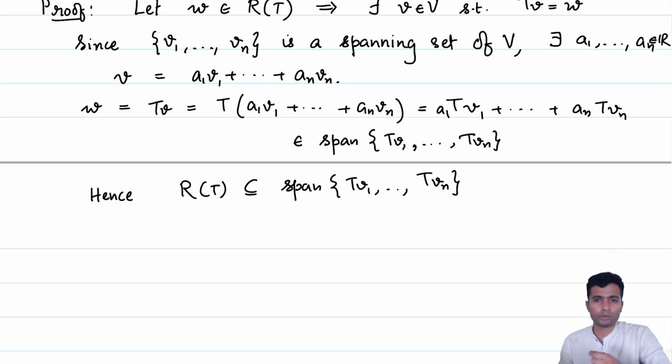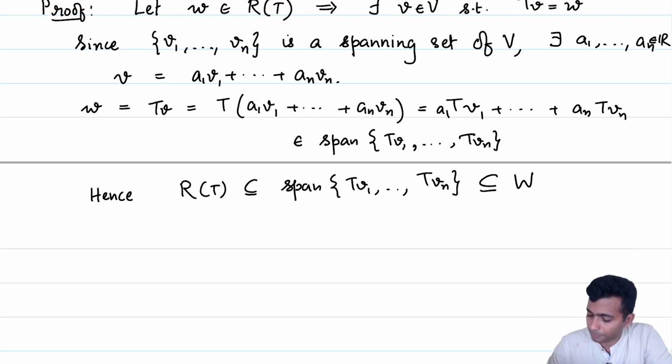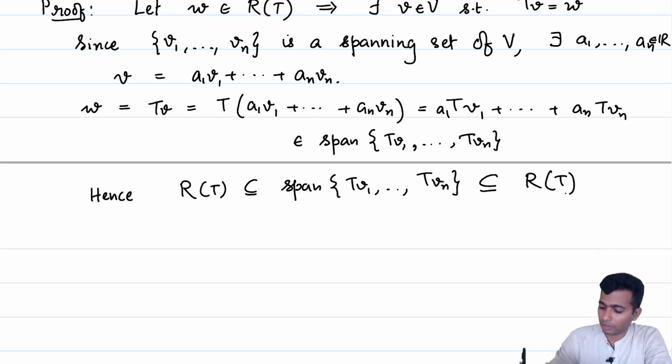But TV1, TV2 up to TVn are each vectors in R of T, and the span of TV1 up to TVn is the smallest subspace that contains these vectors. This was one of the results we proved in one of the videos earlier, and therefore any vector subspace which contains these vectors should also contain the span.